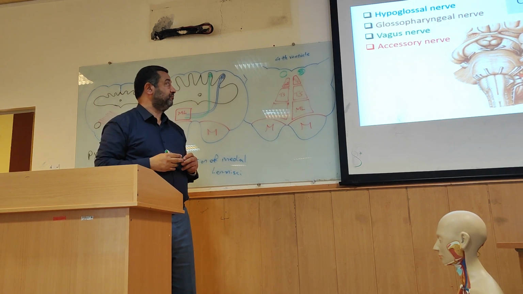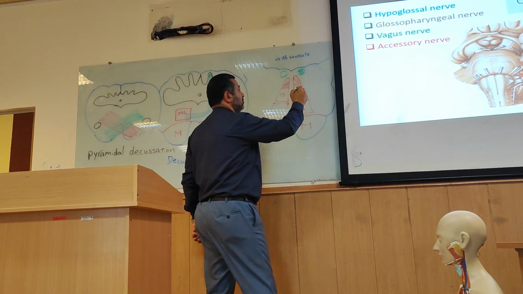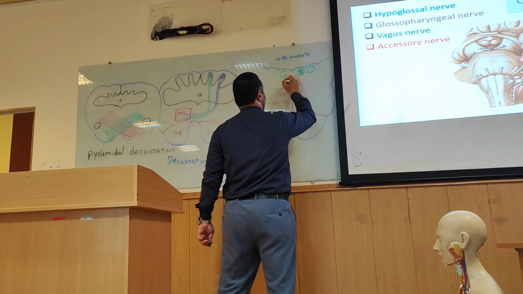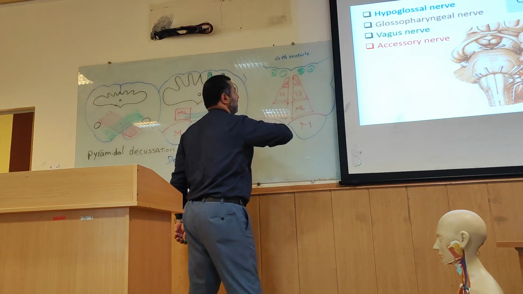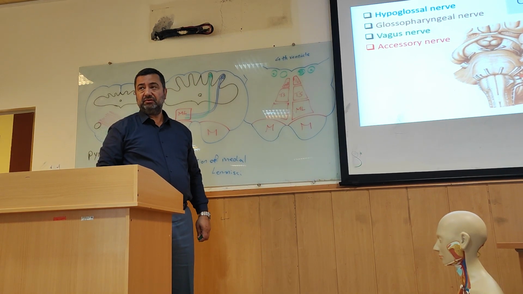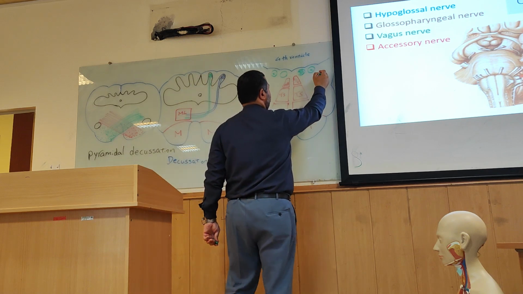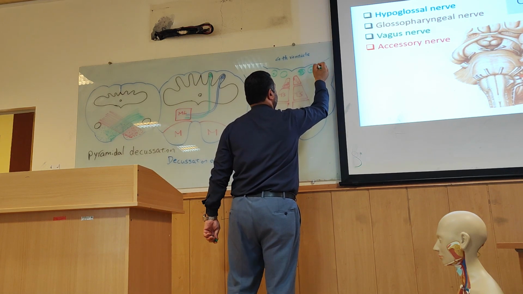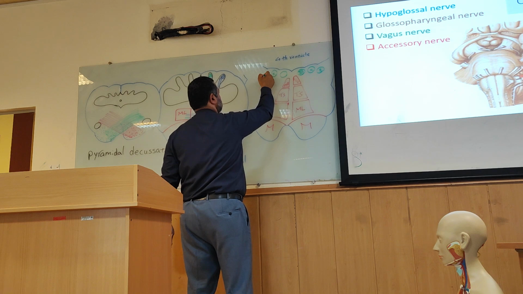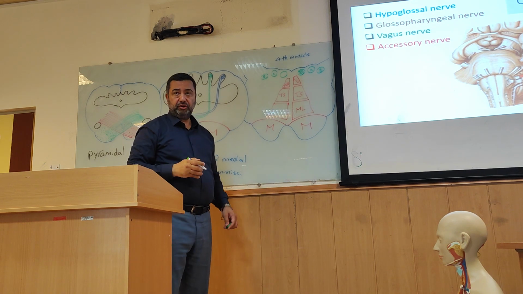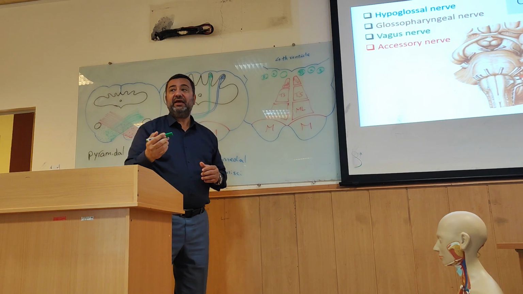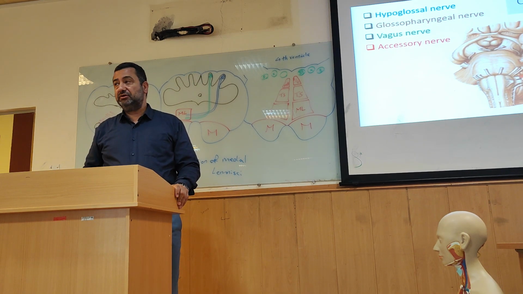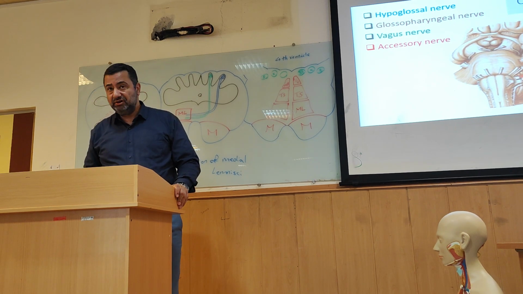Lateral to the hypoglossal nucleus, here is dorsal nucleus of the vagus. And lateral to the dorsal nucleus of the vagus, here there is solitarius nucleus. Solitarius nucleus is a sensory nucleus for tasting.